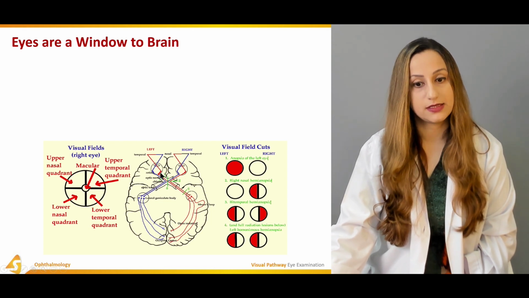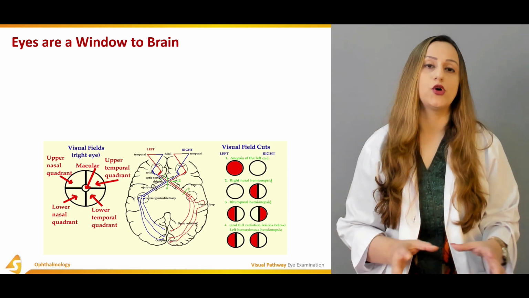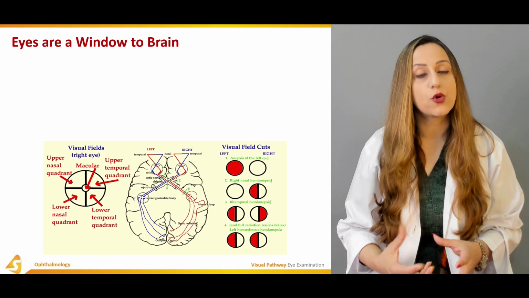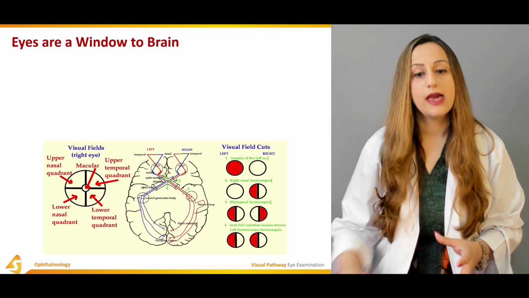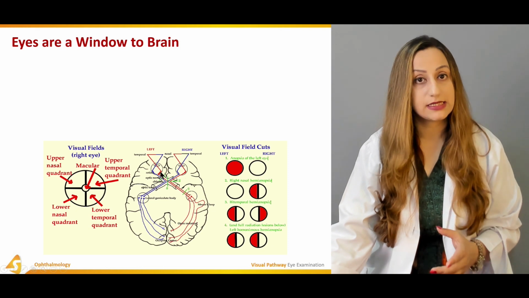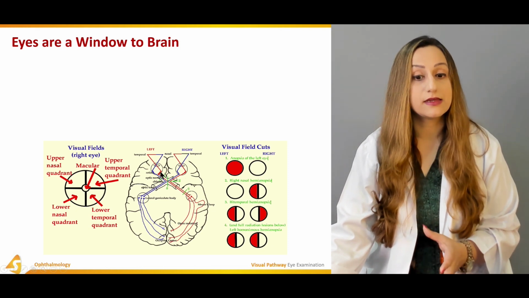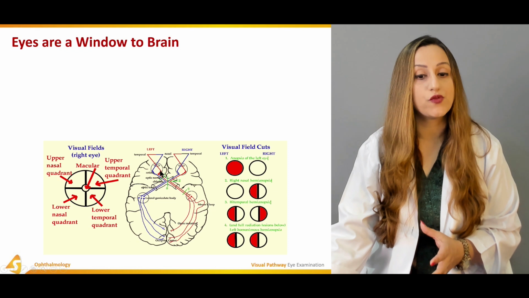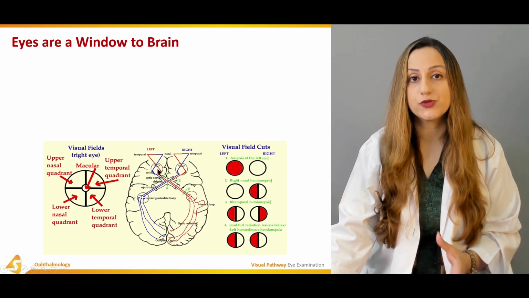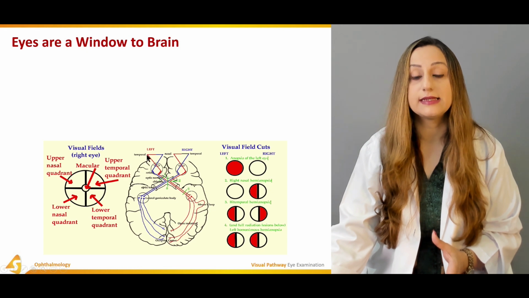So this is very important, because once we discuss the pathologies or the lesions, one should know that if the patient has a lesion in the nasal part of the retina, the visual field that is subsequently affected is the temporal field.